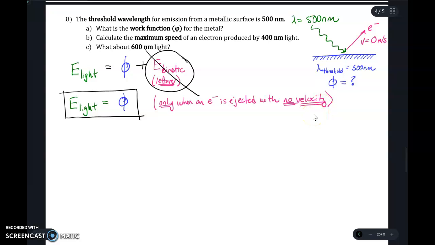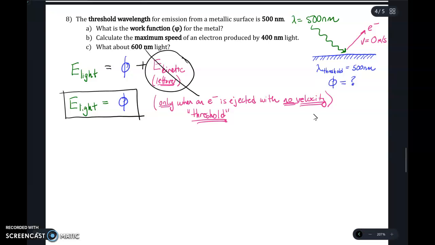Typically, as we said, this situation will be indicated by the term threshold. If you see threshold wavelength, threshold frequency, threshold energy, anytime that term threshold is used, that's referring to this specific type of situation.